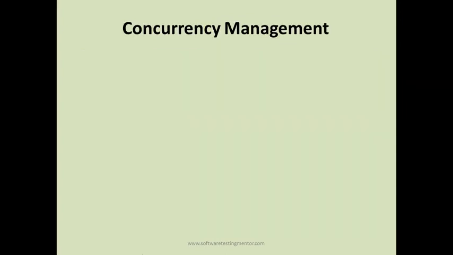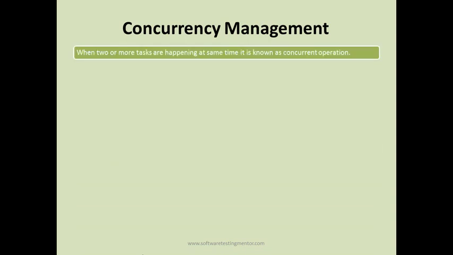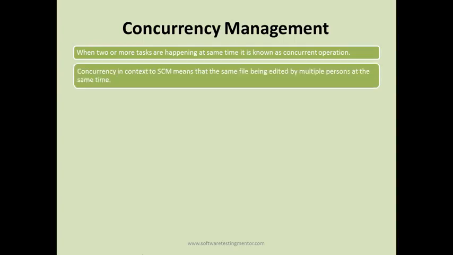So what is concurrency management? When two or more tasks are happening at the same time, it is known as a concurrent operation. Concurrency in the context of software configuration means that the same file is being edited by multiple persons at the same time.